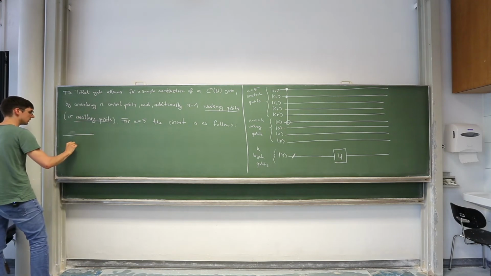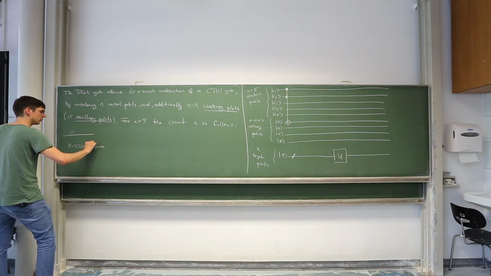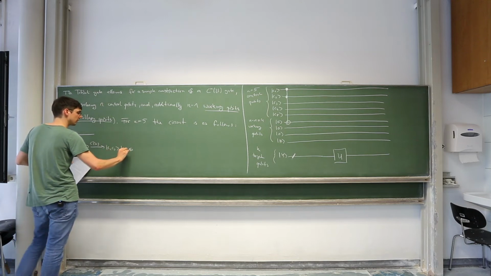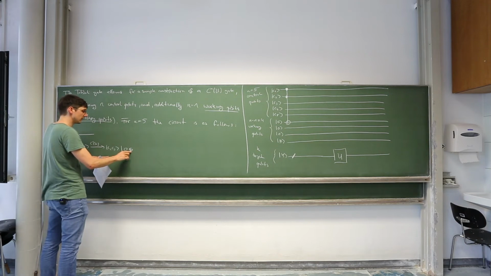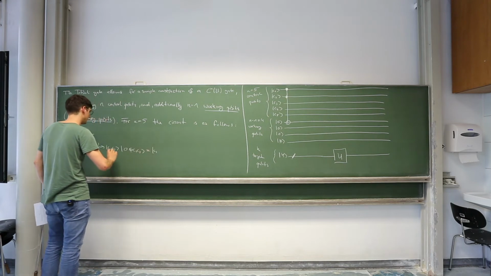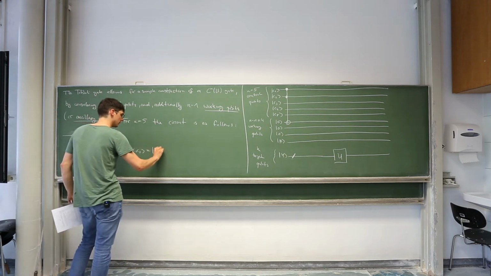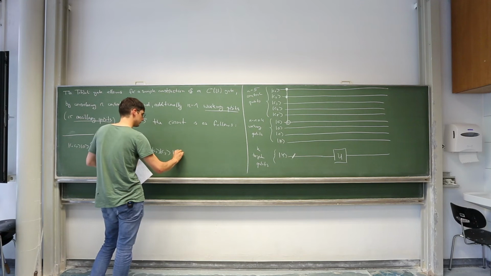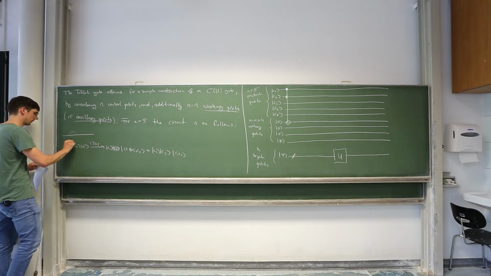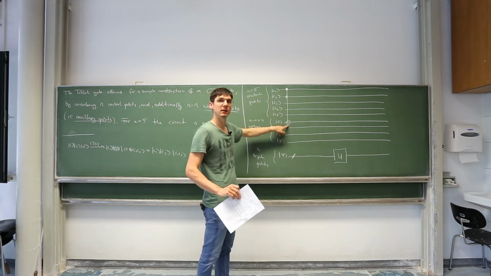We have C1, C2, and the target qubit, and then we have our Toffoli gate, so we get C1, C2, and then 0 plus, addition modulo 2, C1 times C2. This is what this Toffoli gate does, right?